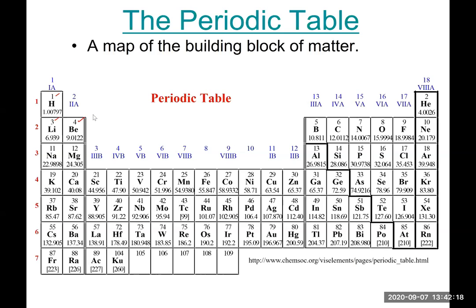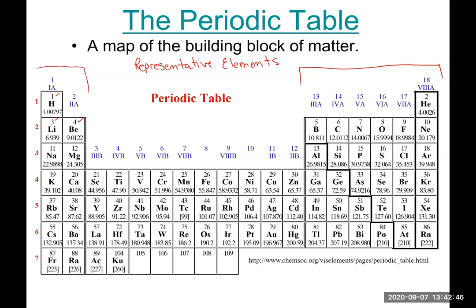We're going to be paying attention to the A's, all of the groups that have A's associated with them. And those groups are all called representative elements. They're called representative elements because they behave very chemically characteristic.